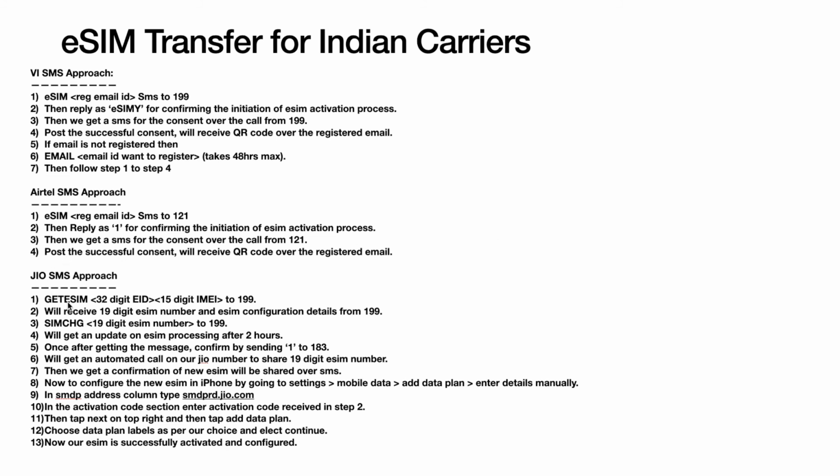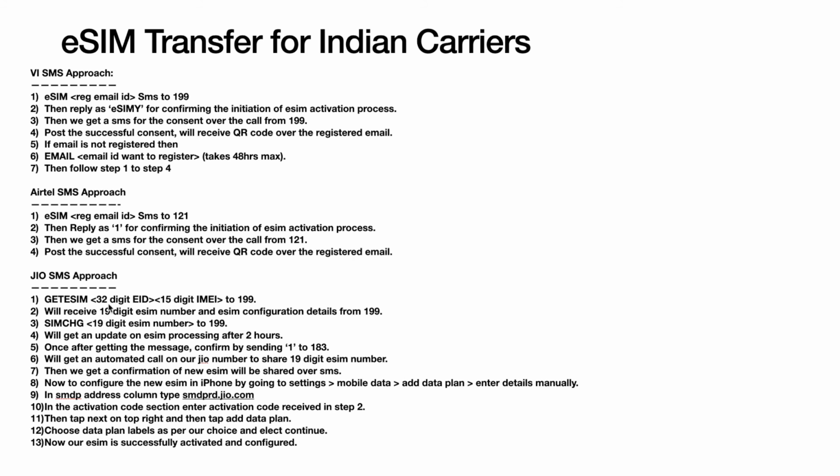Coming to Jio, we have a slightly different approach. It's a different method. Basically, there are a couple of attributes you need to give while sending an SMS to 199. It's the same 199 we used for Vodafone Idea.